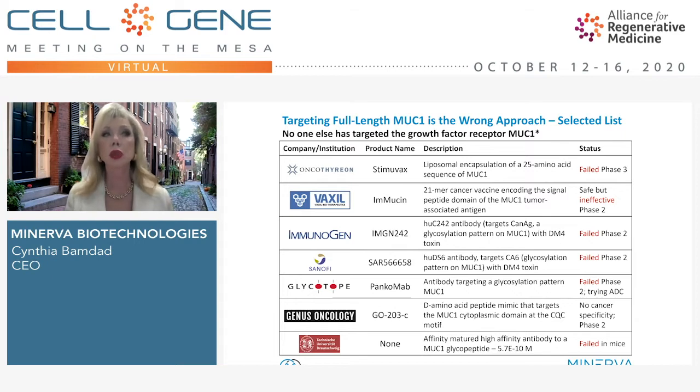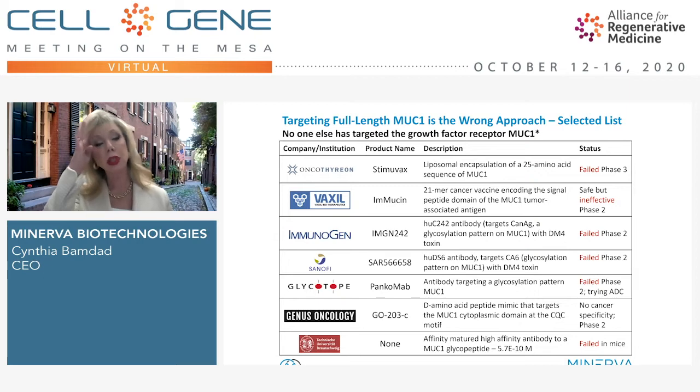Now, this is a short list of all of the companies that have tried and failed to develop a therapeutic against full-length MUC1. And you can see they have all failed. They all target the tandem repeat domain, which, when MUC1 is cleaved on cancerous cells, is shed from the cell surface.